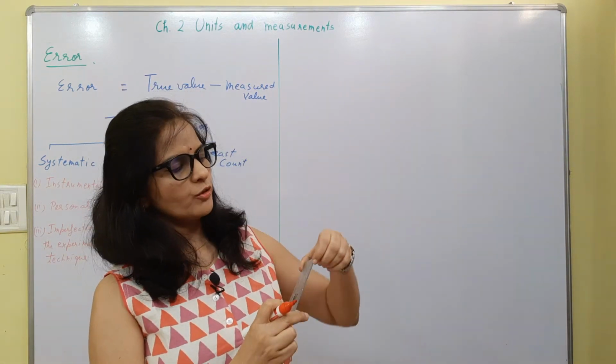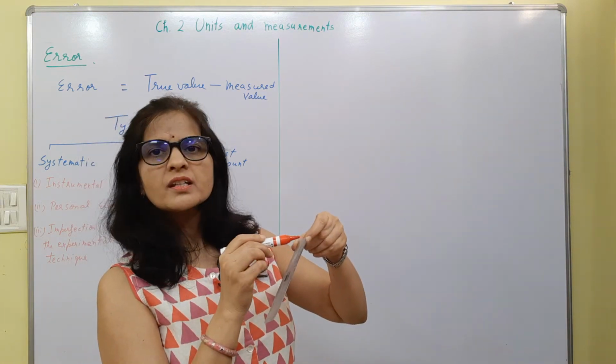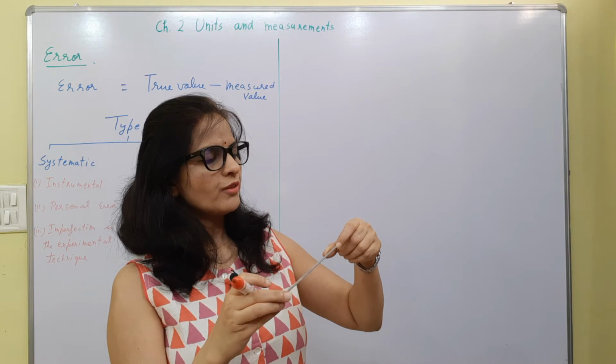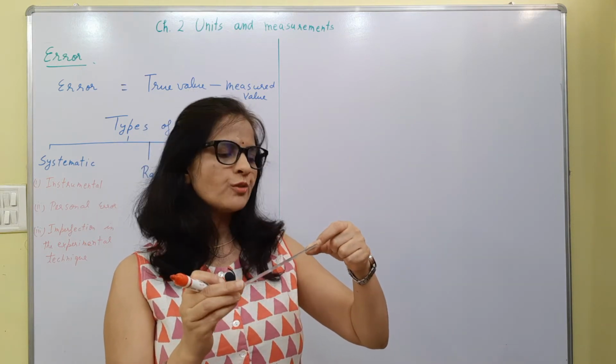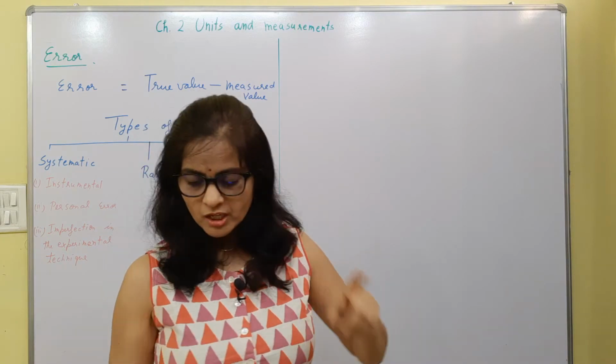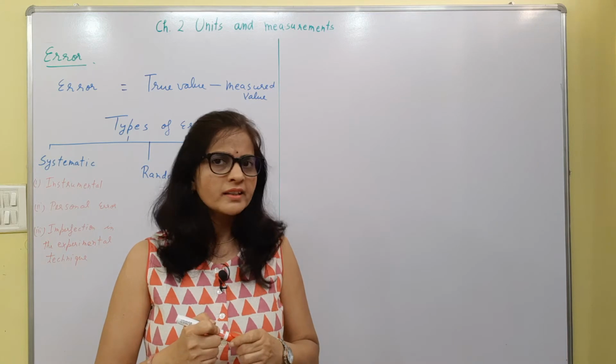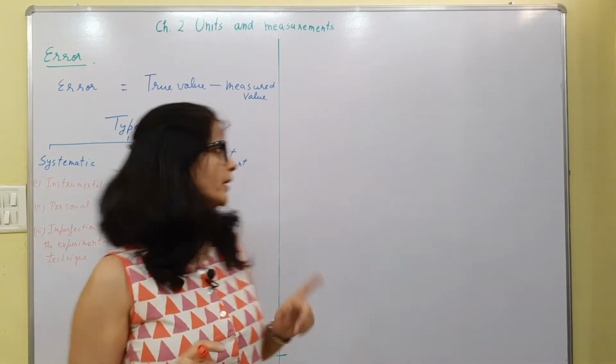Whatever value you measure from the broken end will have an error of the broken part, right? This way, an error in an instrument leads to an error in the measured value of the physical quantity.